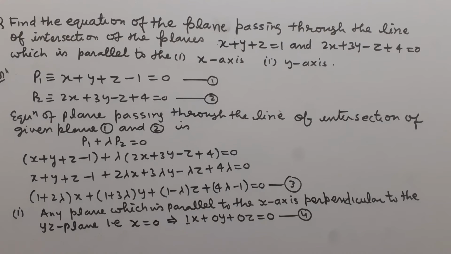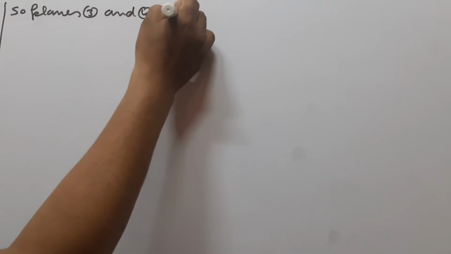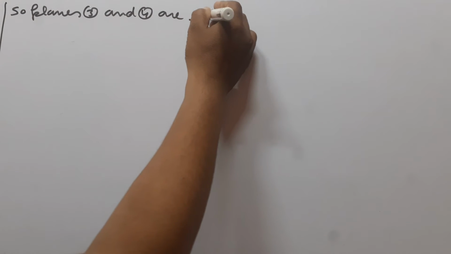Now we know that if two planes are perpendicular, their normals are also perpendicular. So the third and fourth planes are perpendicular.